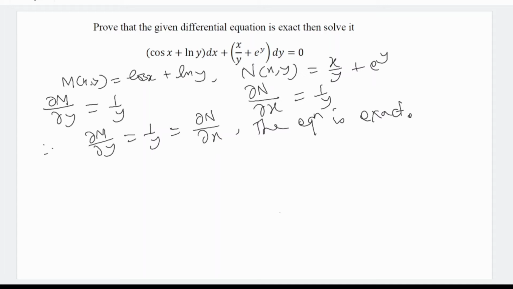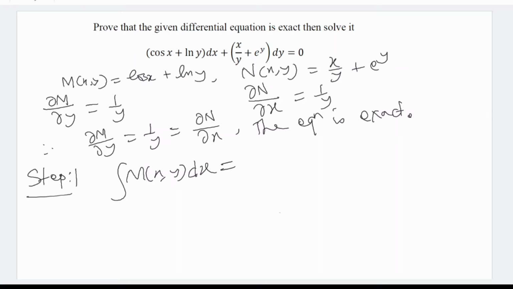Now we will solve this exact equation. To solve it, first we find the integration of M with respect to x, considering y as constant. Step 1, integration of M with respect to x.